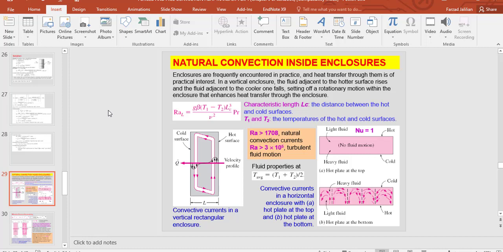In this enclosure, which you can see an example of here, we usually don't have any pump or fan. If we have a pump or fan inside, like our laptop for example, which can be considered an enclosure with the electrical components inside, we have a fan for that, so it is forced convection.